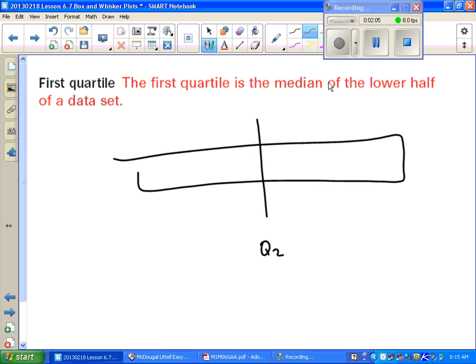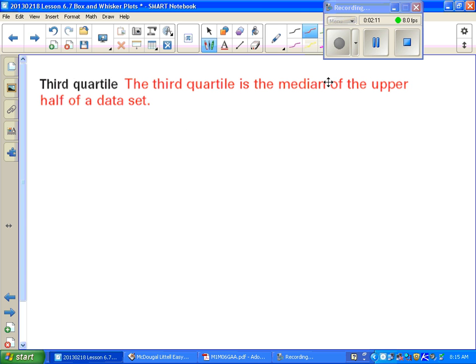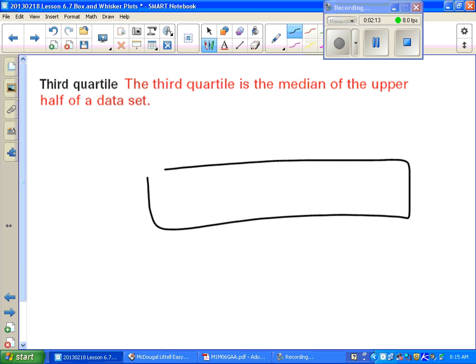Your first quartile will cut that in half. And then your third quartile, just like that last one, your median cut it in half, your first quartile cut that part in half. Your third quartile will cut the second part, or the top half of the numbers, in half.